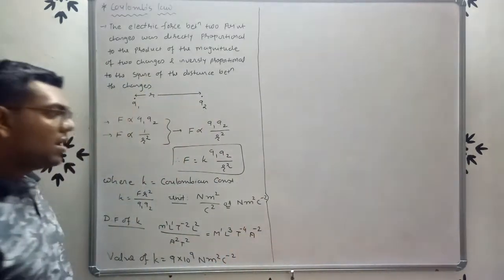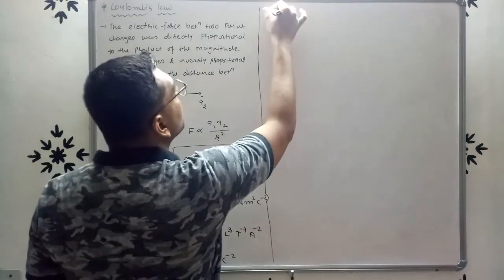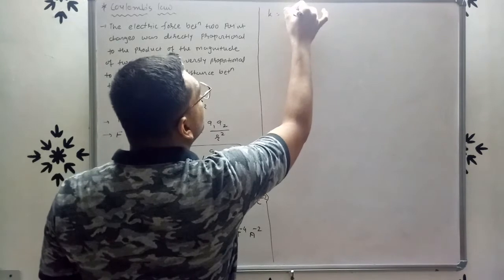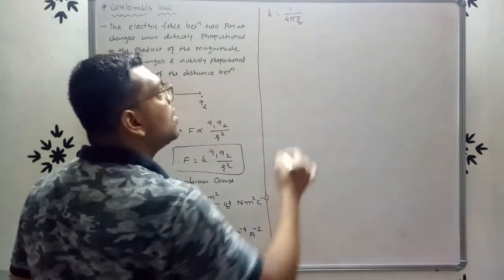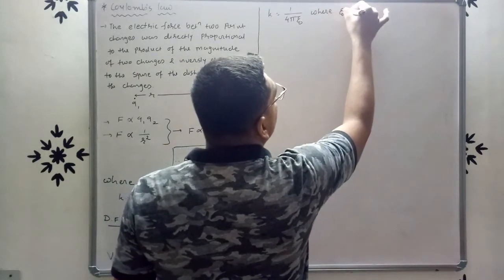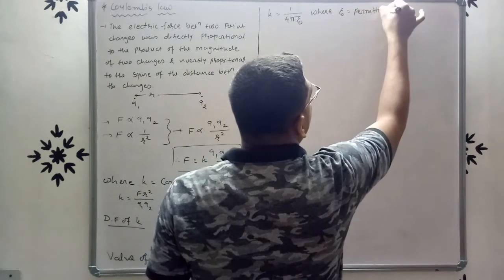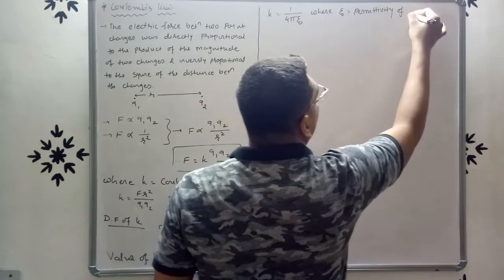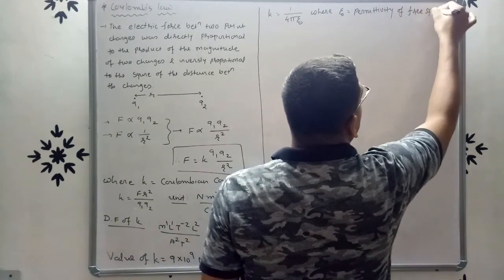Now, here we can also write K as 1 by 4 pi epsilon 0, where epsilon 0 is the permittivity of free space.